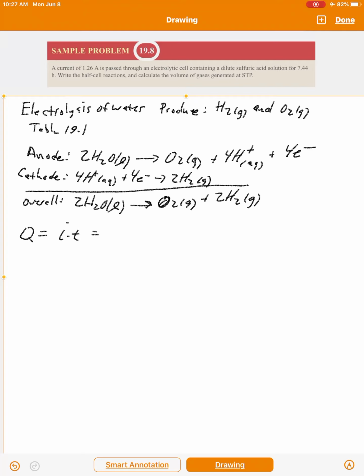The current is given as 1.26 amperes, which is coulombs per second, times the time, which is 7.44 hours, but we need to have it in seconds. So I'll just do it in one step, 3,600 seconds per hour. And that will give us coulombs.